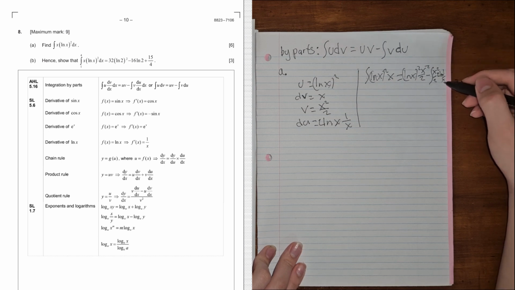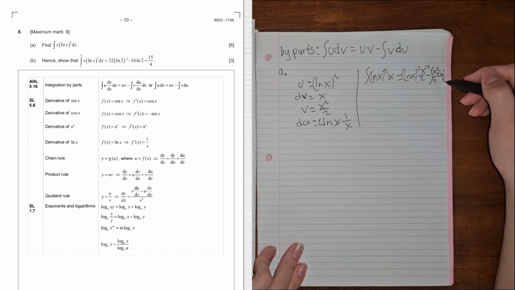The 1 over x and the x squared, one of the x's is going to cancel out, and the 2's are also going to cancel out.